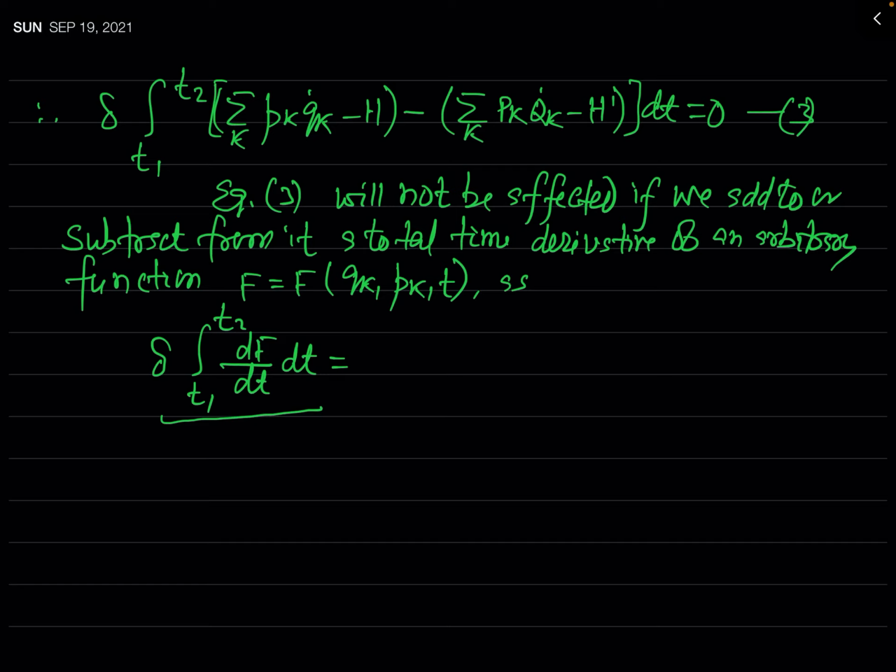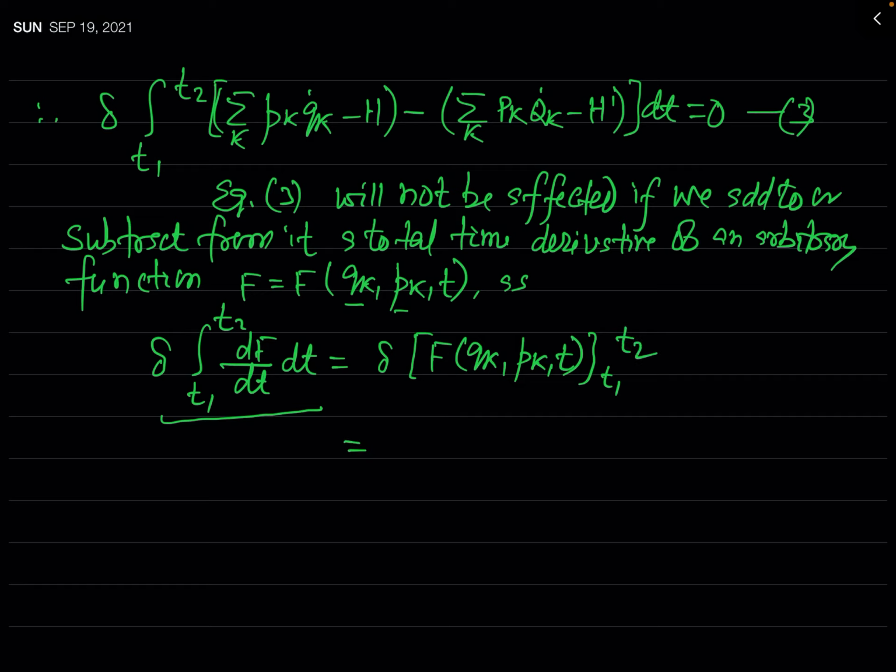Now you can see that this f is actually a function of the variables qk, pk and t. So this may be written as delta f of qk, pk, t, because this integral of df by dt will simply be equal to f, and the limits are t1 and t2.